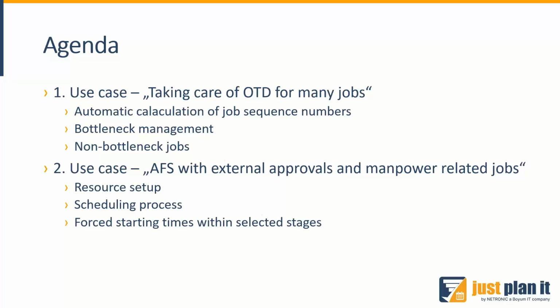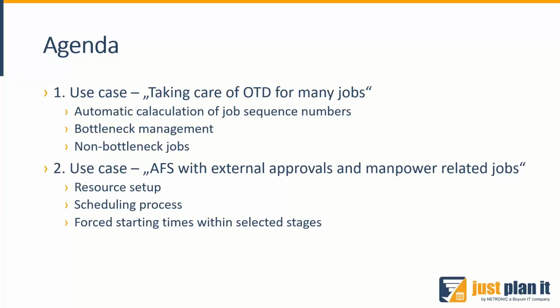This external approval process comes along with some extra challenges in terms of scheduling, and I want to have a look at this use case and show you some options for how to deal with it. In particular, first of all, I will show you why, in general, when scheduling manpower related jobs, it makes sense to have a closer look into the resource setup.